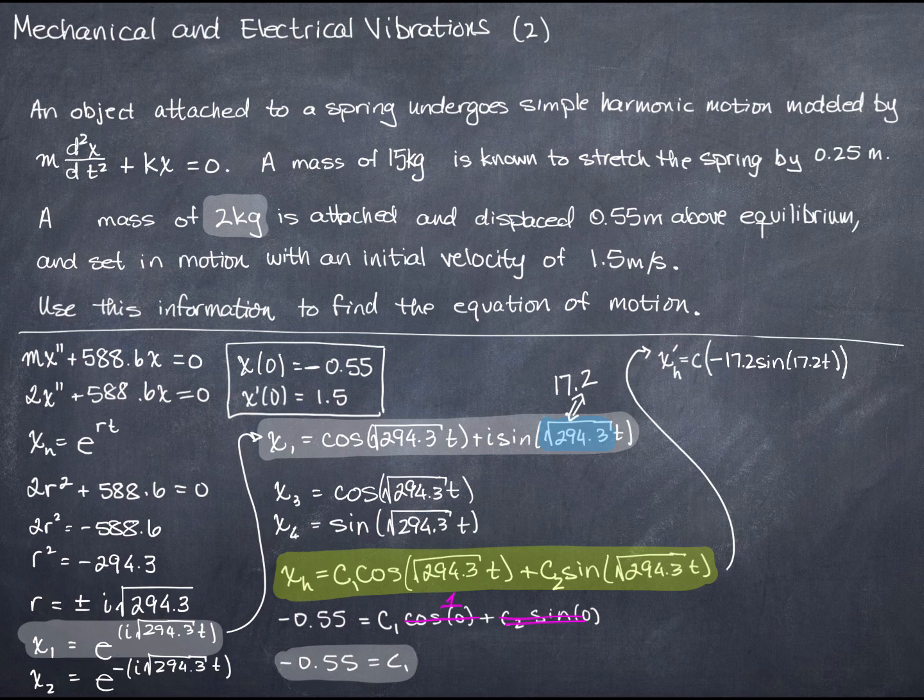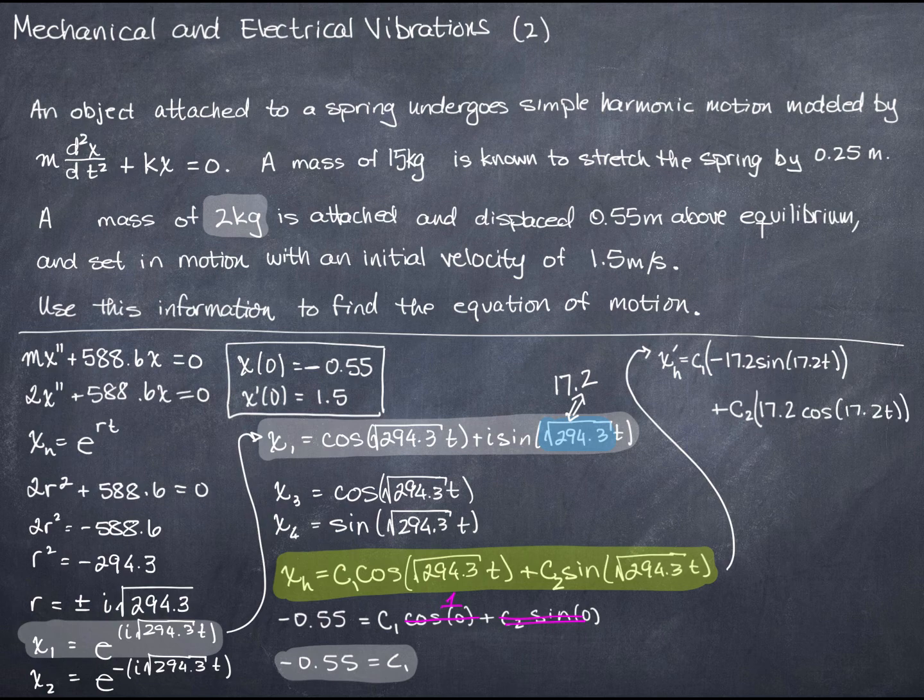That's C1, plus C2 times the derivative of this sine expression, and that's going to be 17.2 times the cosine of 17.2t.